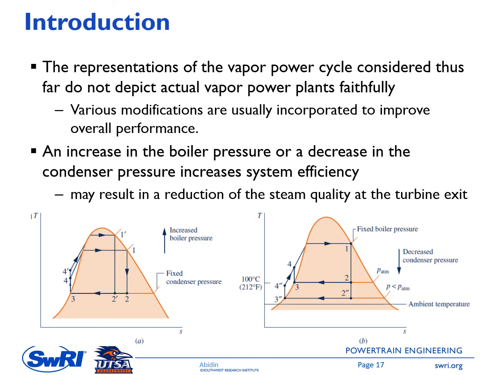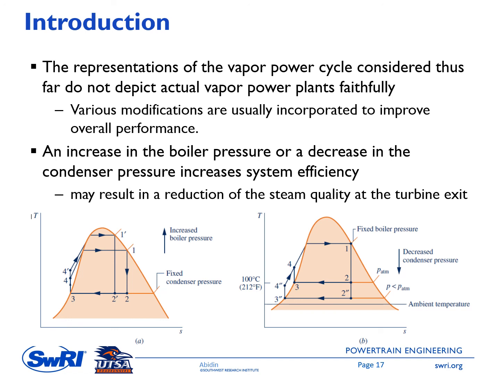The representation of a vapor power cycle considered thus far does not depict an actual vapor power plant faithfully. If you get a chance to look at a nearby power plant, the actual power plant is much more complicated. It has a lot of additional components, and the goal of this complexity is to improve the system performance, which is efficiency.